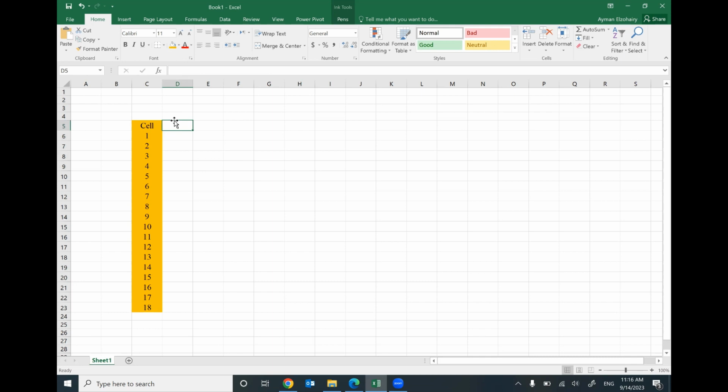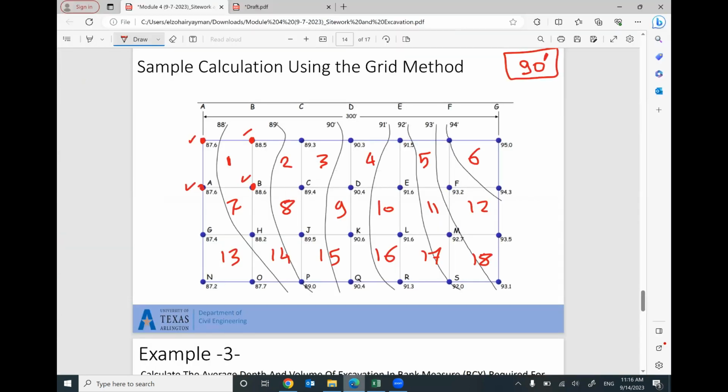And I will give you the records: elevation reading 1, elevation reading 2, elevation reading 3, and elevation reading 4. This data should be coming from the surveyor. 87.6, 88.5 for the first cell. I will move clockwise.